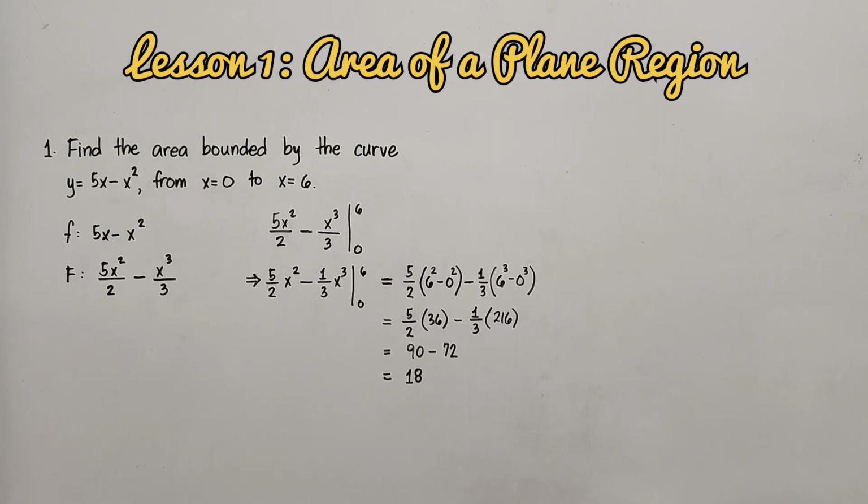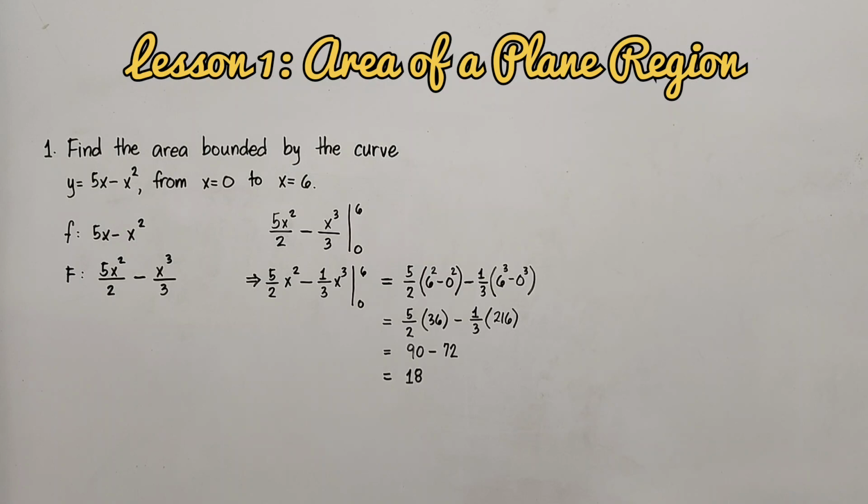So all we need to do is to just substitute the lower and the upper bound for x squared and x cubed respectively. So we have 5 over 2 times 6 squared minus 0 squared. We just substitute the bounds for x squared. Minus 1/3, we have 6 cubed minus 0 cubed.